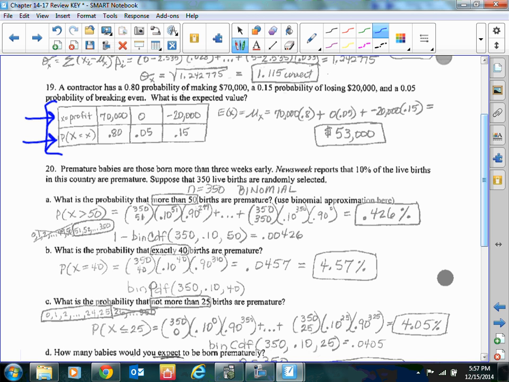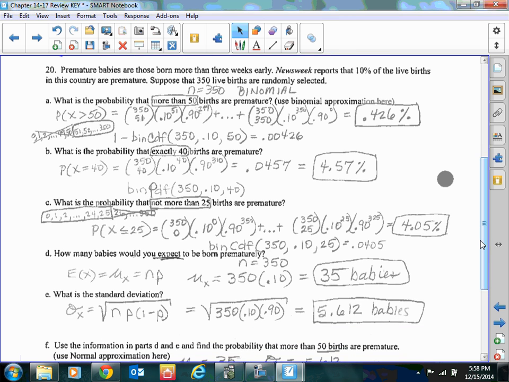Making $70,000 is a positive $70,000 at 80% chance. Losing $20,000 is negative $20,000 with 0.15, and breaking even is a profit of 0, a 5% chance. I put those into my calculator, or you could just do 70,000 times 0.80 plus 0 times 0.05 plus negative 20,000 times 0.15, and that gives you an expected value of 53,000. Okay? All right.